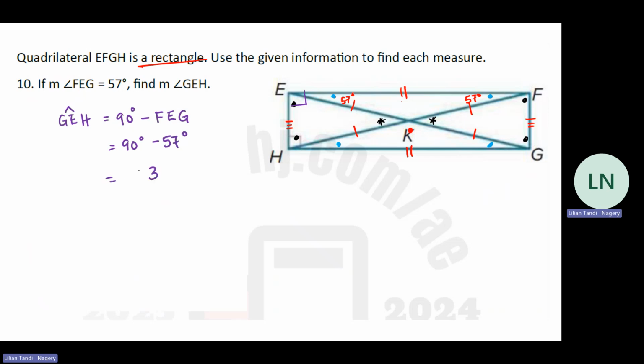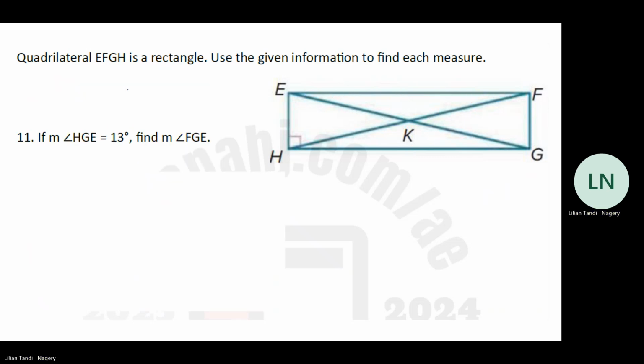That should give us, no, 33 degrees. Something is very weird about this picture. What is 90 minus 57? 33 degrees. All right. HGE is 33, so this is also 33 degrees.